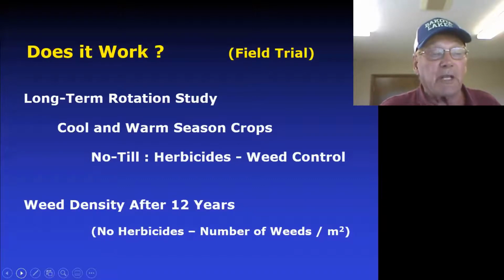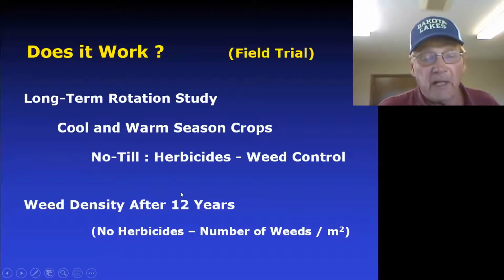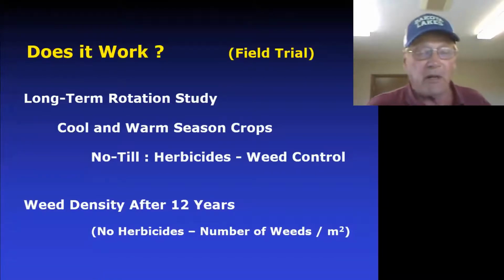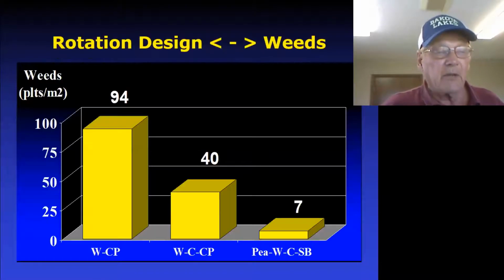Here's a long-term rotation study we did for 12 years, and we had 15 different rotations in there. And Randy Anderson from ARS came and counted after 12 years, he counted the weeds in the different rotations that grew. We did put no herbicide on the last year, and he counted the weeds.